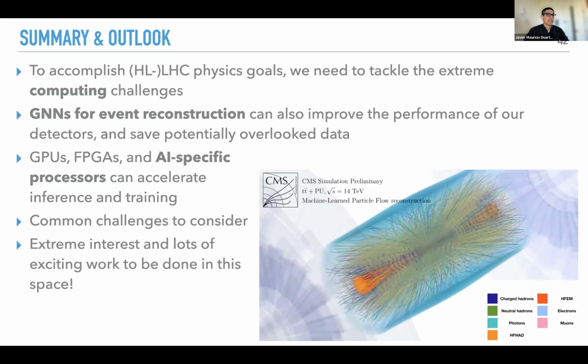The other way to take that is, if we can converge on a specific kind of GNN that does reasonably well for many different applications, we can actually consider making an ASIC essentially for that GNN.